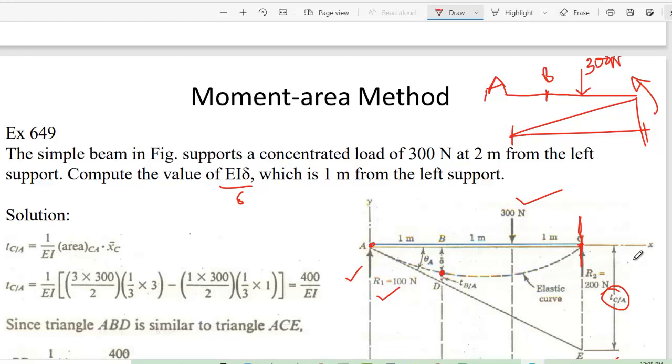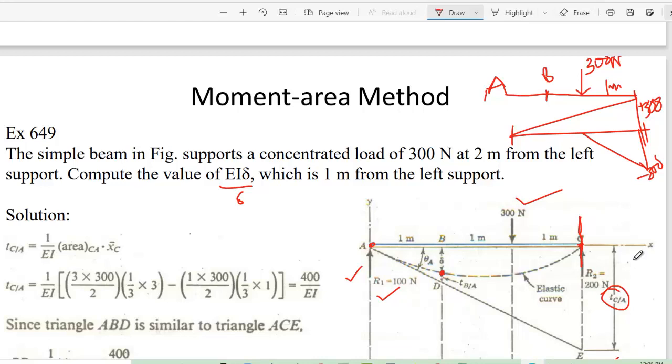So this acting downward, and this distance is 1 meter, right? So 1 meter into 300, 300. So this is minus 300, and this is plus 300. So our section is okay. That means what? At this section we find the equilibrium.